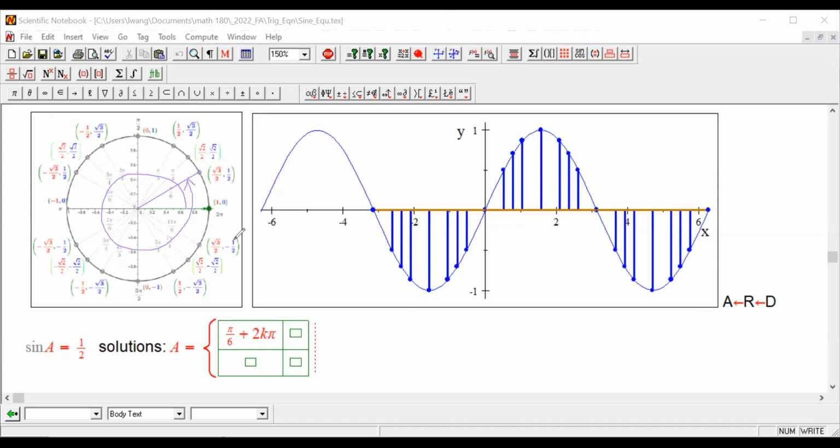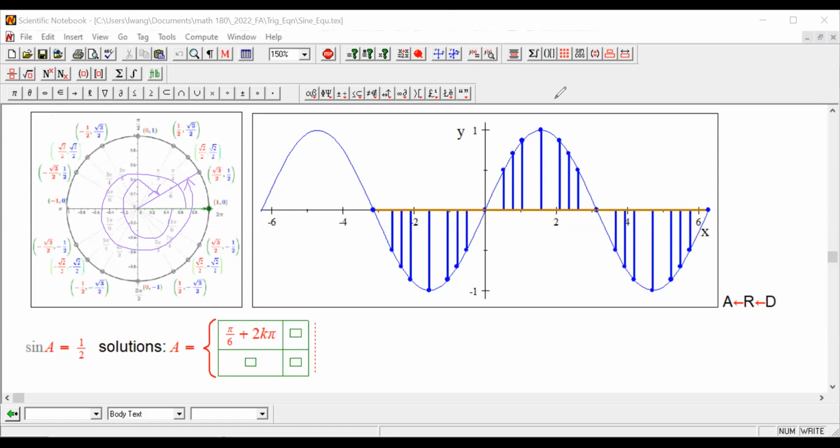If k equals -1, what angle do you get? If k equals -1, it is pi over 6 minus 2 pi. So you're going to measure that angle this way, clockwise. This way you get as many angles as possible.